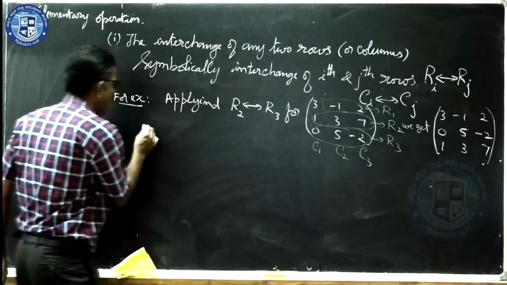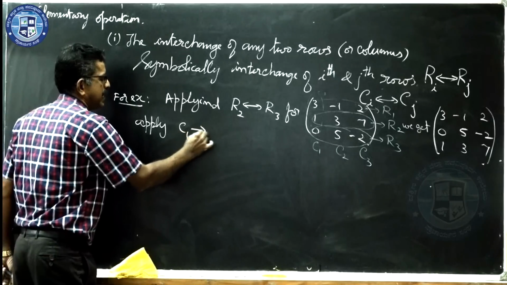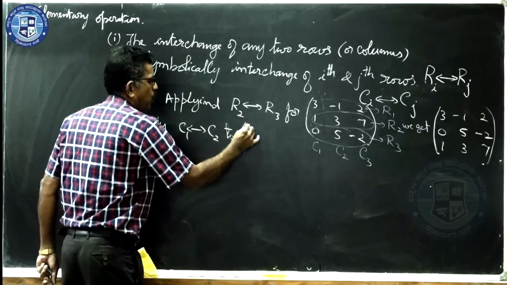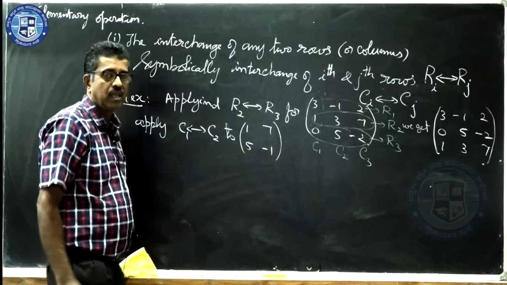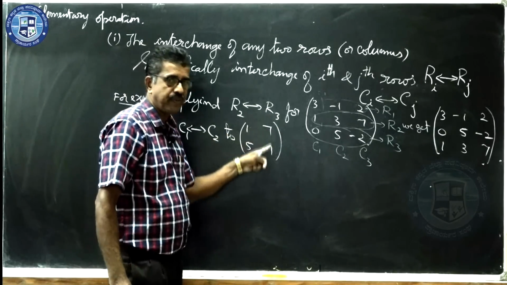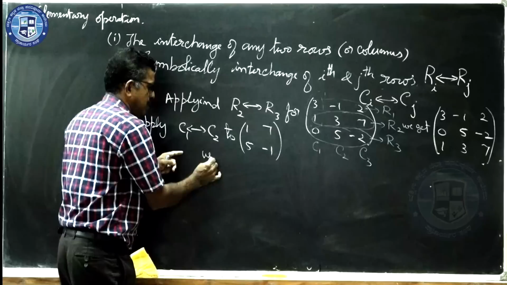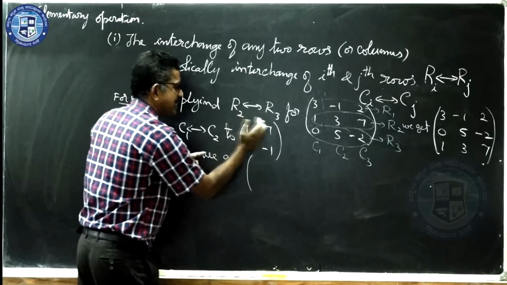Or similarly, I can give you another example: apply C1 interchange C2 to the matrix 1, 7, 5, minus 1. Here there are only two columns. This is C1 and this is C2. So, I hope all of you can answer my question: interchange the first and second column.